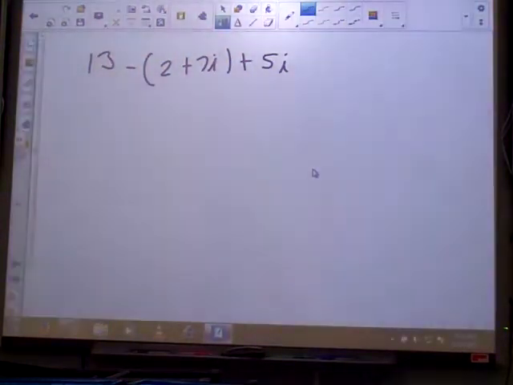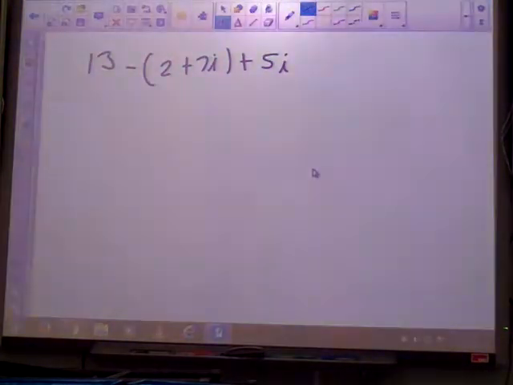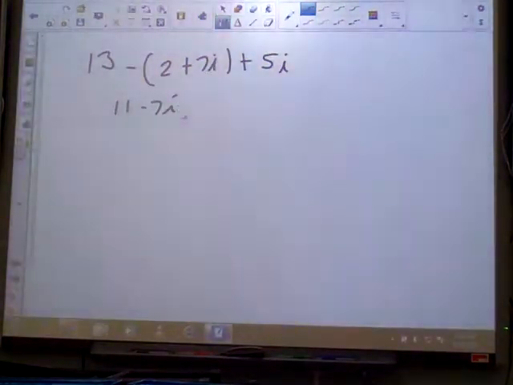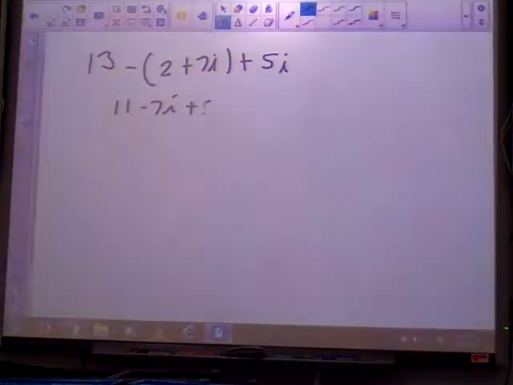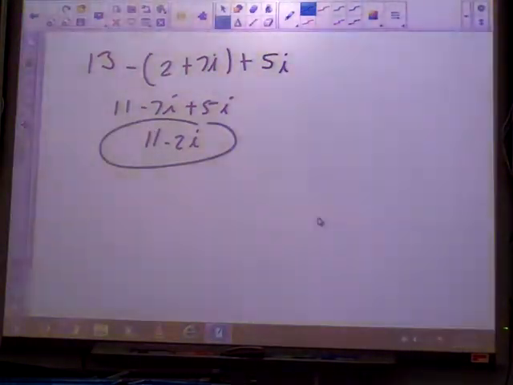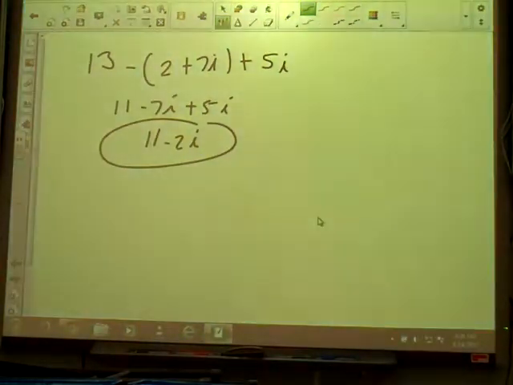Both of those are correct. 13 minus 2 is 11, but then minus 7i, then I'm going to bring down my plus 5i. Now what do we have? Just combine those like terms. Negative 7i and a positive 5i is a negative 2i. So 11 minus 2i.